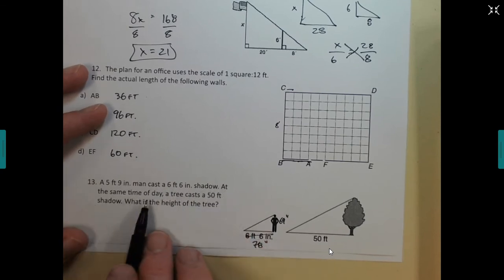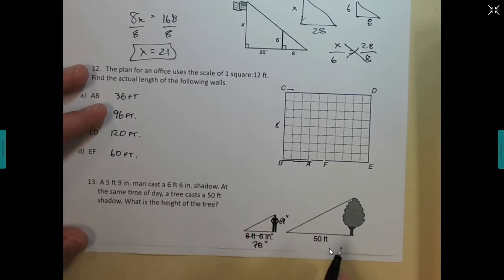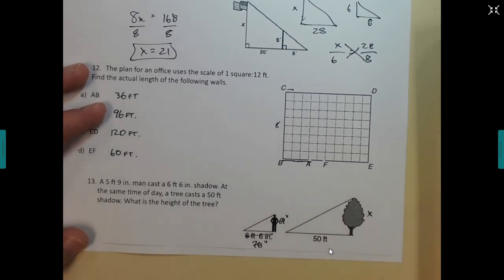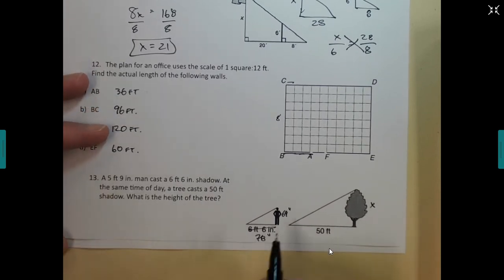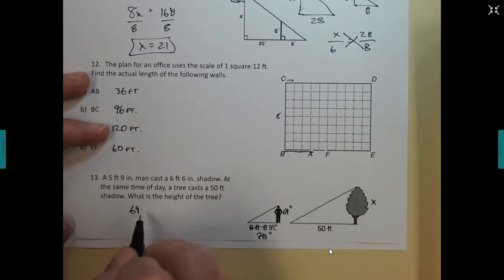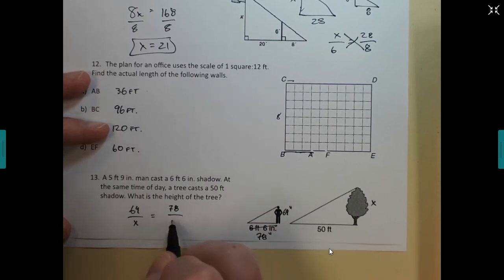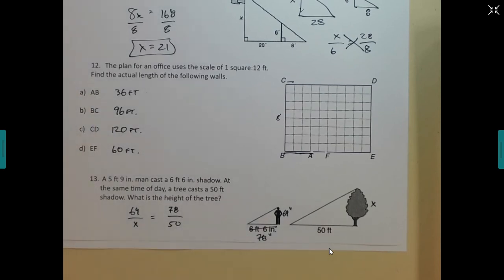All right, at the same time, a tree casts a 50-foot shadow. What's the height of the tree? As long as these two are in the same units, I'll be fine. 69-inch tall person compared to, I don't know about the tree. And then let's compare the shadows. 78-inch shadow divided by 50.